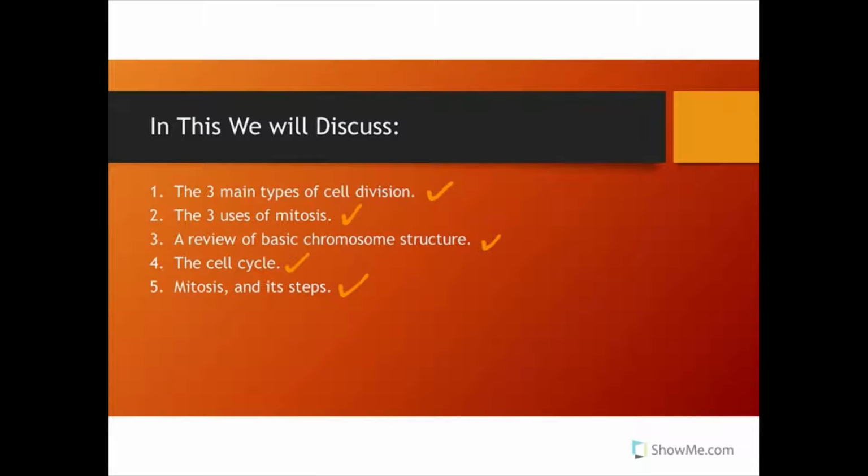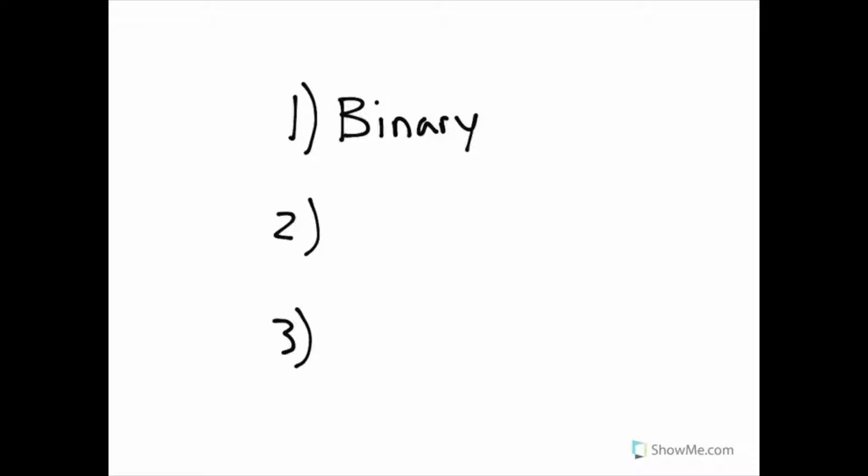As we really begin, I just want to talk about the fact that there are three major types of cell division out there, and they are unique for different purposes. So we are going to discuss them. The first one, which we're not going to discuss in this video, is called binary fission.